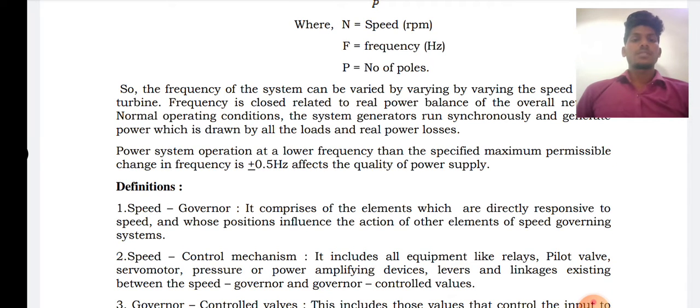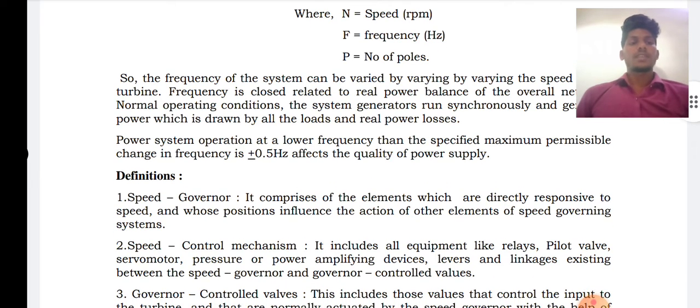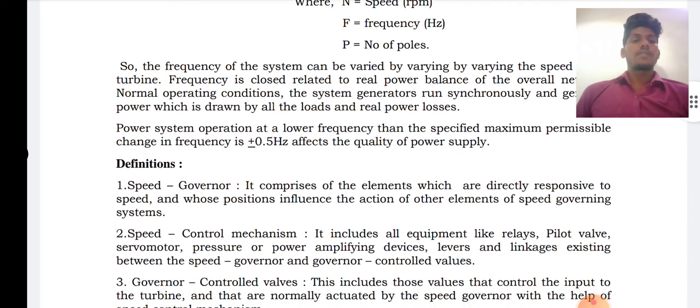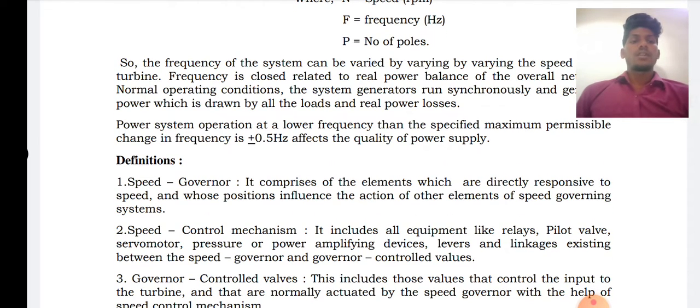Definition, speed governor: it compares the elements which are directly responsive to the speed and whose position influences the action of the element of a speed governor governing system.